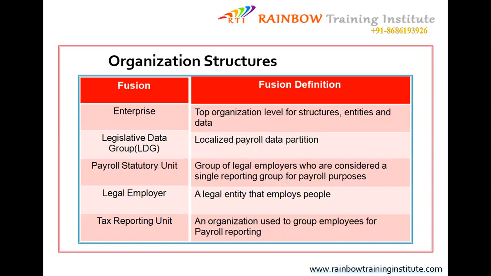The example for the enterprise is, we can say, Tata Group. So the Tata Group is a very high level enterprise under which you have so many companies. So that is called the enterprise. So in the organizational structure, the enterprise is going to come on the top. That is the first thing that you will be defining as a configuration step.